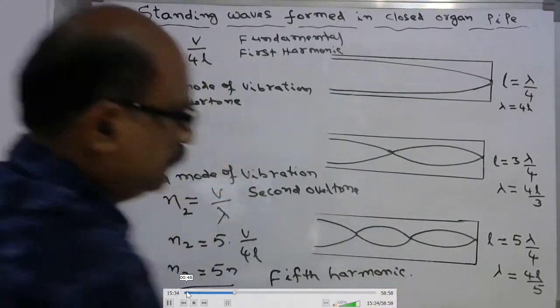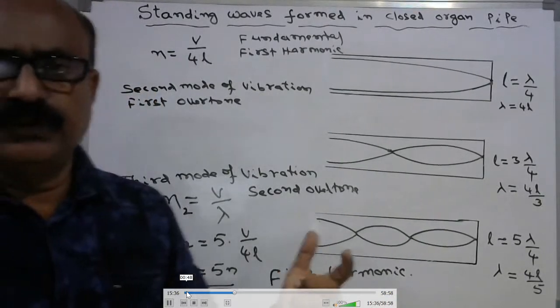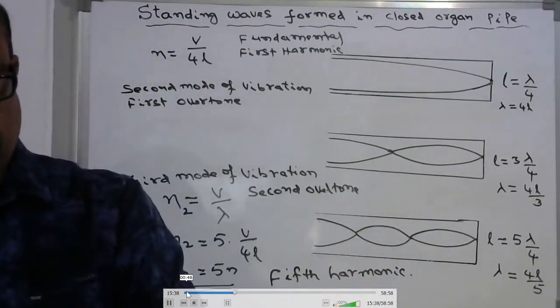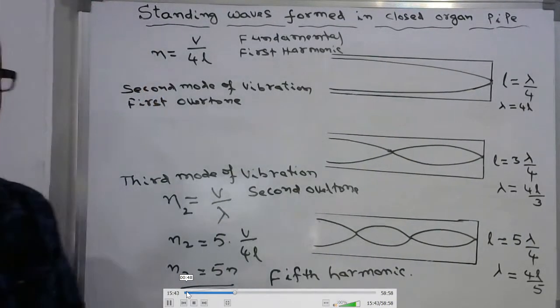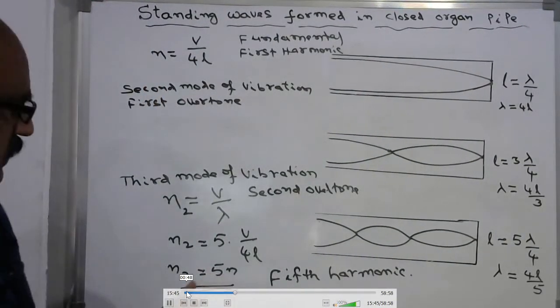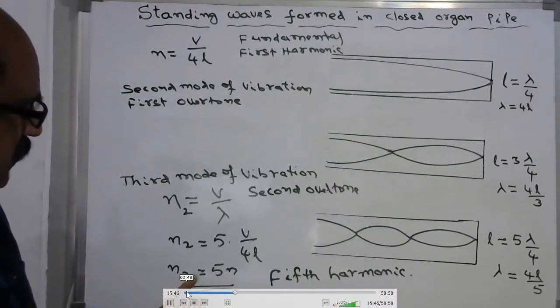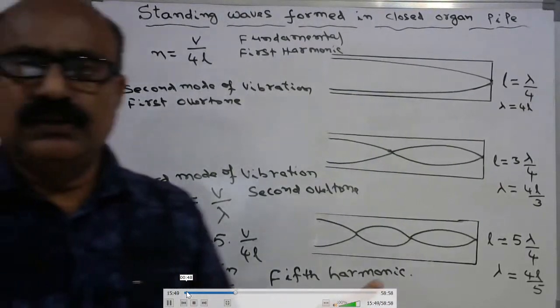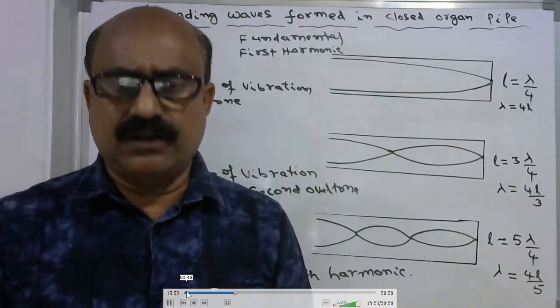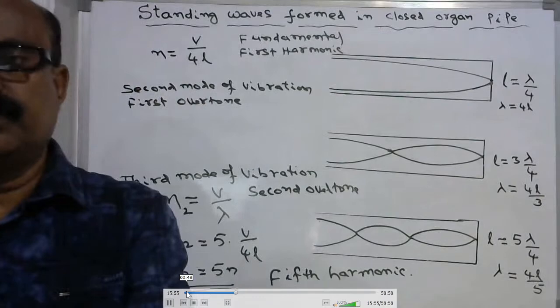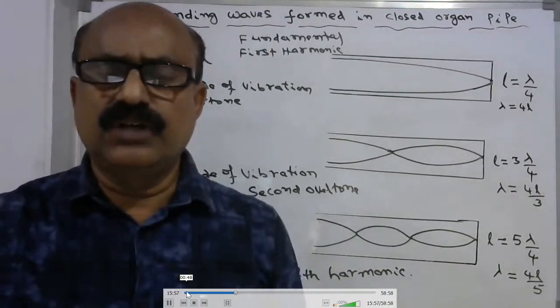So with the closed pipe, we get only odd harmonics. All odd harmonics are available in case of the closed organ pipe.